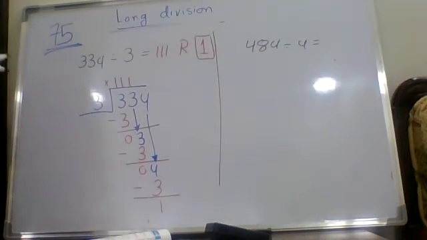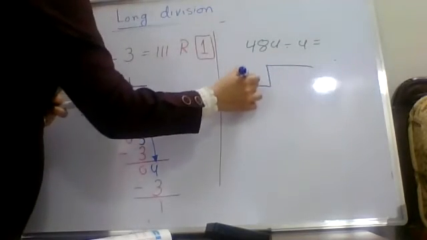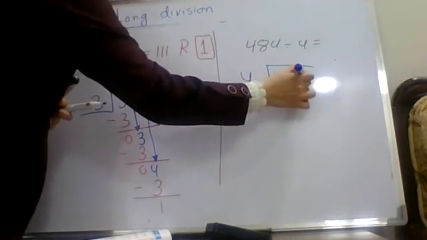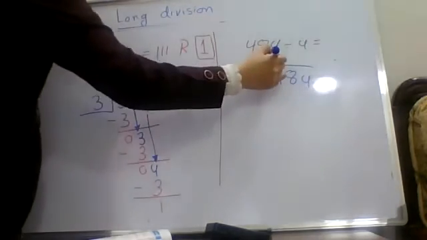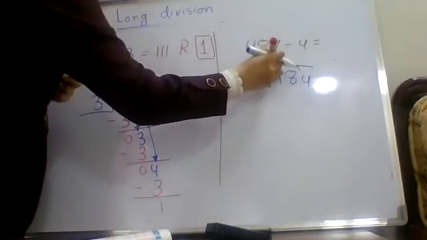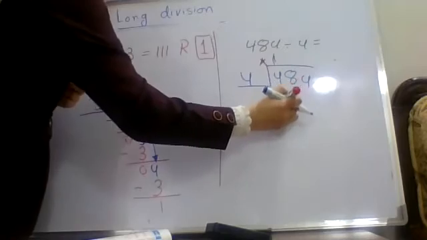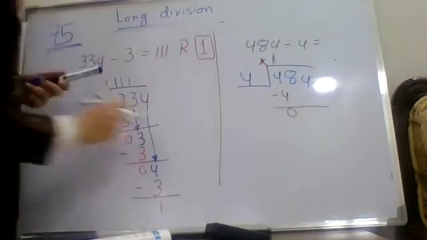Let's do the next exercise, which is 484 divided by 4. How many 4 inside this 4? I have 1. 1 times 4 equals 4. Subtract it. 4 take away 4 equals 0.